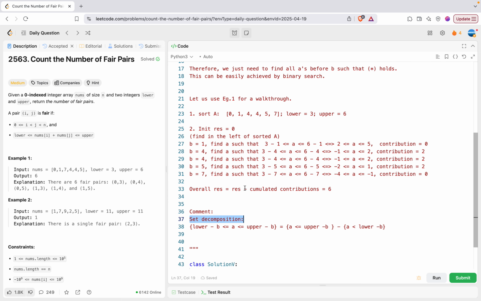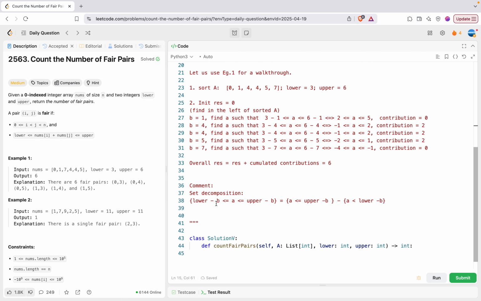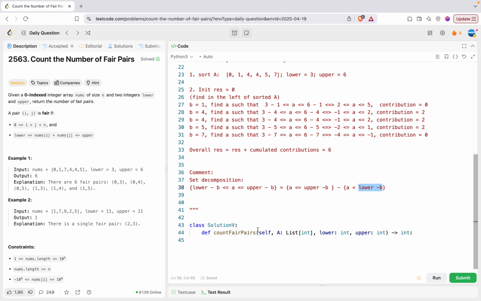For example, if we want to find A's in this range, then the set is equal to the set of A less than or equal to the upper bound minus B, minus the set of A strictly less than the lower bound minus B. With that said, let's look at the coding.